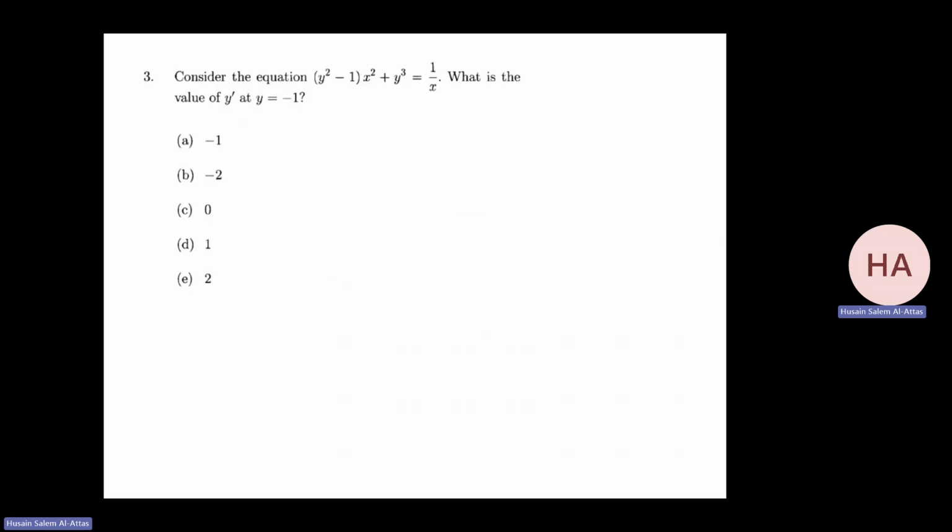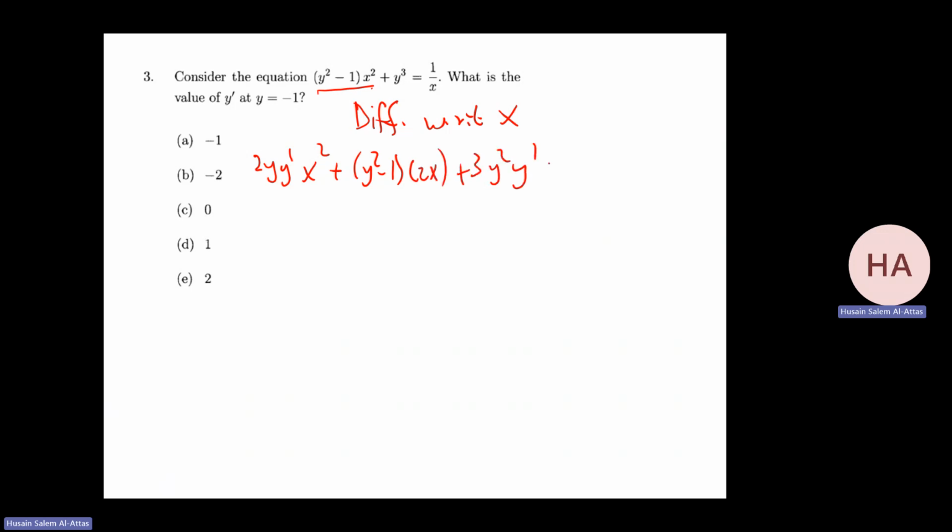More problems. Differentiate with respect to x. That will be what? This is a product of two functions. Derivative of the first, 2y y prime, times the second, plus the first times the derivative of 2x squared, which is 2x, plus 3y squared y prime equals minus 1 over x squared. What's different here is I need to find this when y equals minus 1.